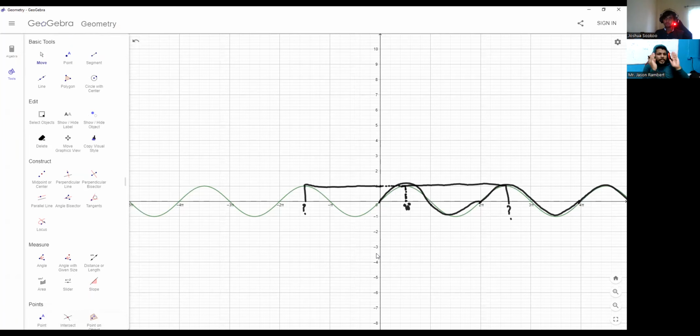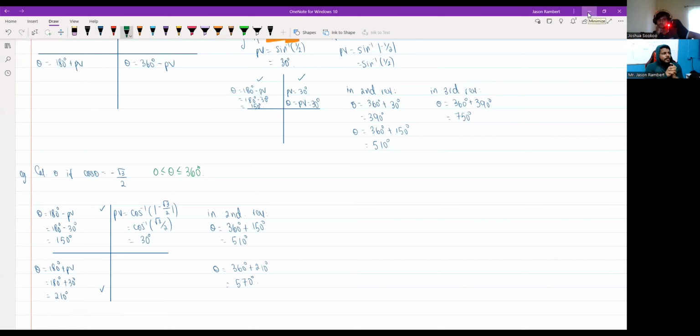So if I put a restriction onto my equation, I am forcing you to have only a few calculations as opposed to an infinite number of calculations.